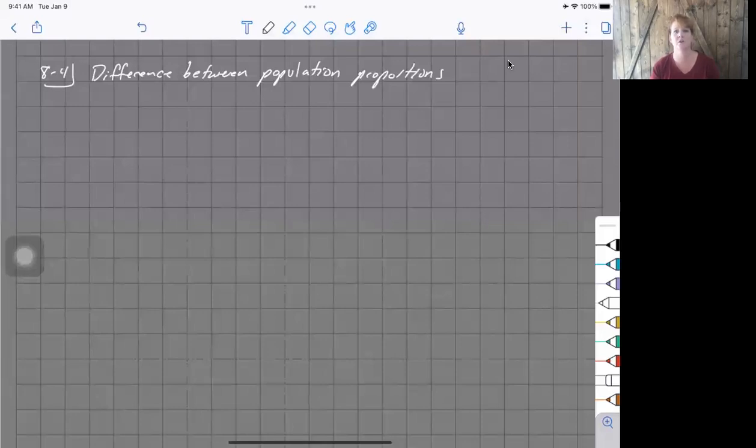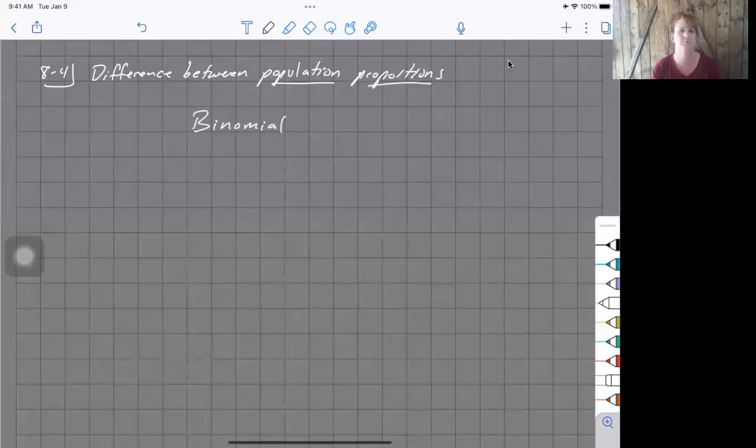This is 8.4. We are again measuring the difference between two things and doing hypothesis tests, but now we're looking at population proportions. So remember, this phrase means that our problems are binomial. That means they are yes or no's. Often that means they are going to have percentages in the problems.